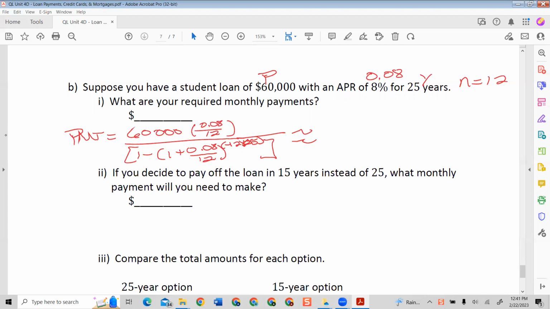Double check your numbers. If it doesn't look right, then you might have typed something in wrong. 400. My denominator, and I get my denominator.